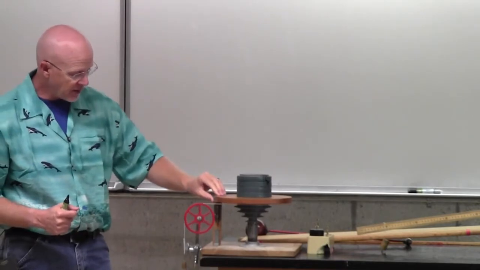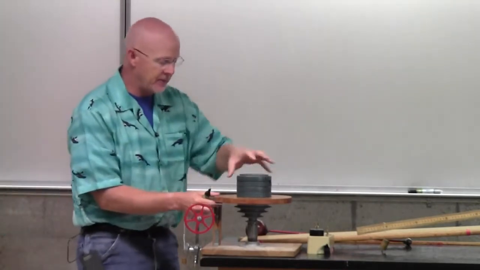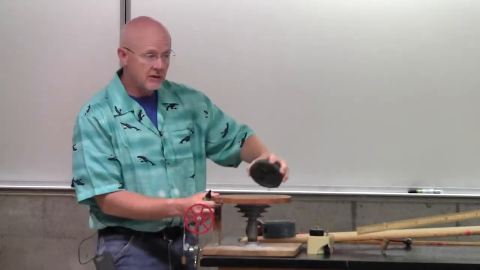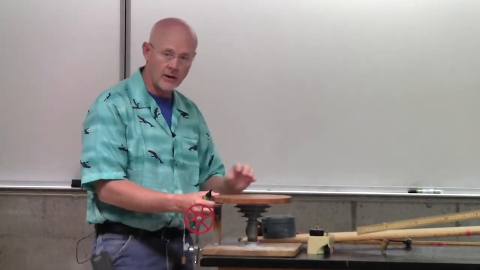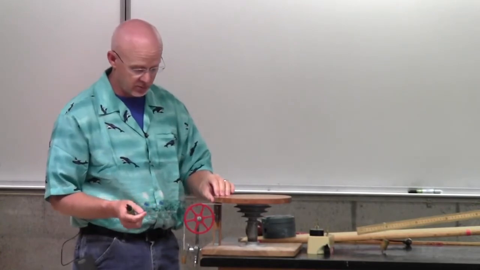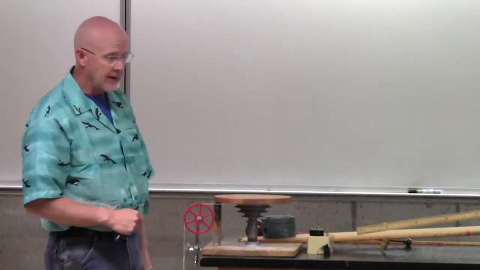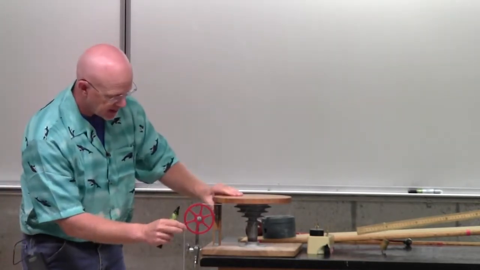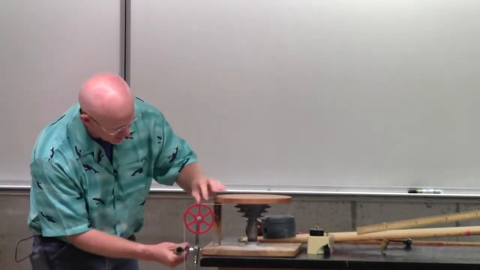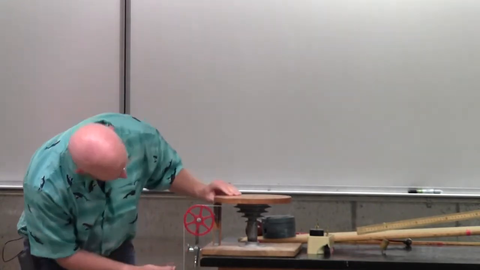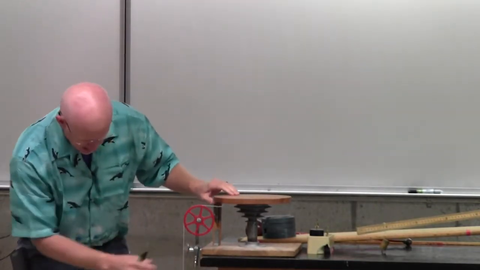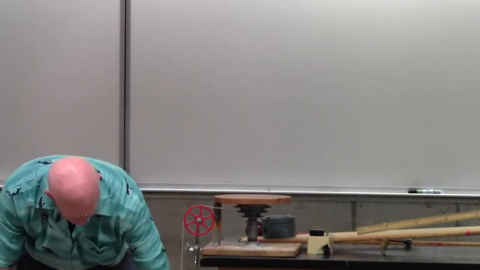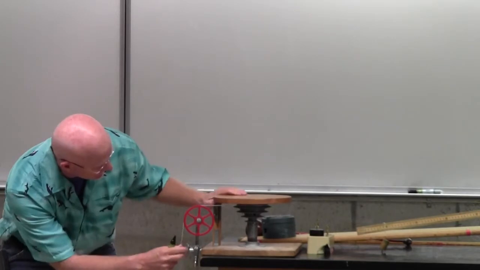But I want to ask this question. What do you think might happen if I were to remove these 4 kilograms and let it go? Yeah, and I hope you can see that it does unwind, and it looks like this doesn't really want to unwind as fast as I'd like it to, or as smoothly as I'd like it to.